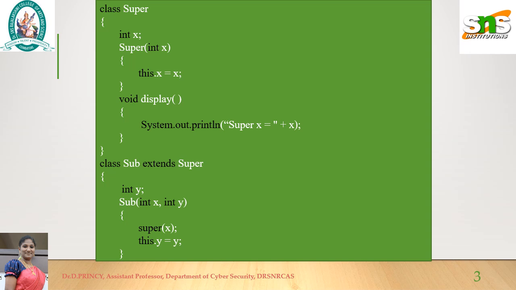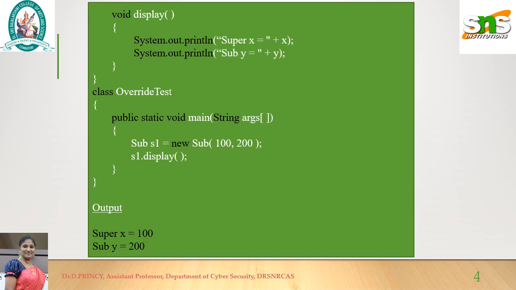Inside the sub constructor, I'm calling super of x, which calls the constructor of the superclass. Then I'm having a method called display. You have to notice that the superclass also has a method display which does not return any value. The subclass also has the method display which does not return any value. This is called method overriding.